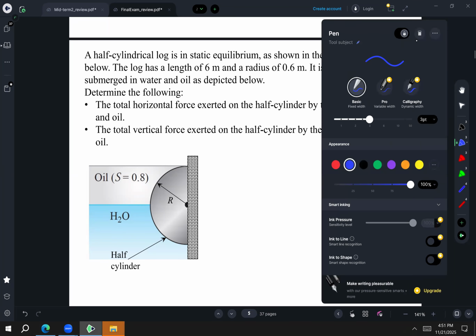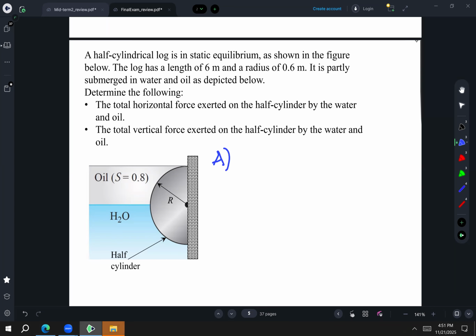Part A of the problem asks for the total horizontal force of the oil and water. The force of the oil comes from a triangular pressure distribution of the oil, and the water is feeling this pressure on top of it.